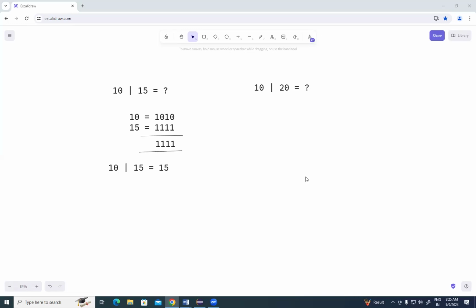Yes, folks. 10 or 20 is equal to how much? Online people, can you tell me the result for 10 or 20?